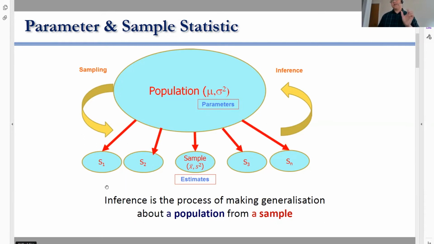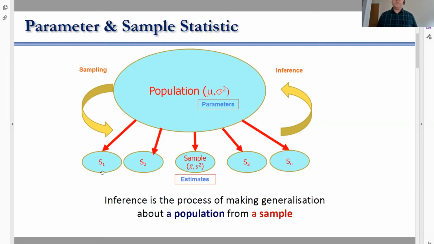The second is the dispersion statistics, which could be the range, maximum minus minimum, or the interquartile range. But one important dispersion statistic is the standard deviation. That's the way we summarize or describe our sample, our exploratory data analysis.